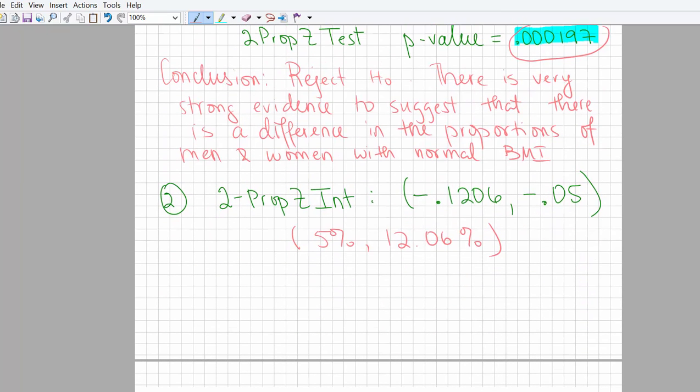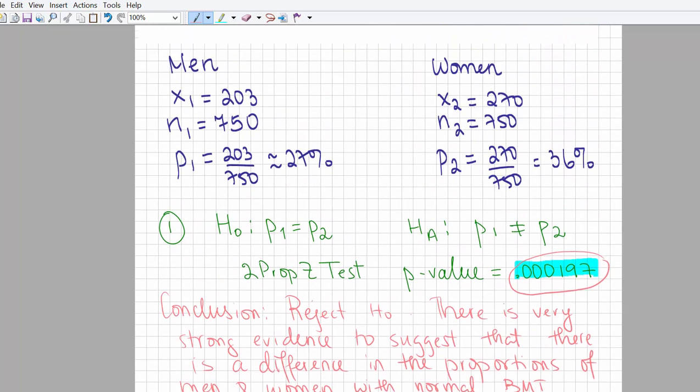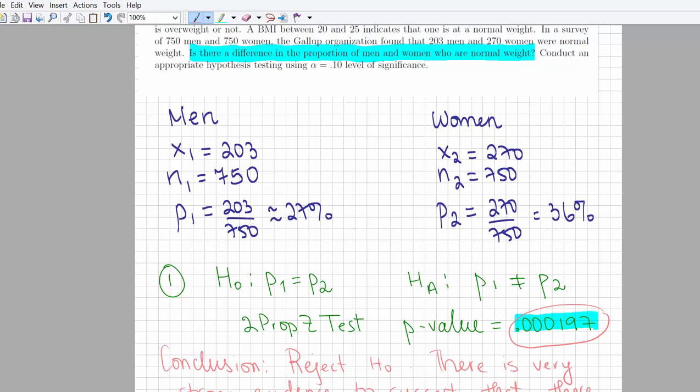Why do we have two negative numbers? And the reason is the following. If you go back up there, let's take a look. We have two groups. Men have a smaller proportion of surveyed people whose weight is normal than women. This is smaller than 36.